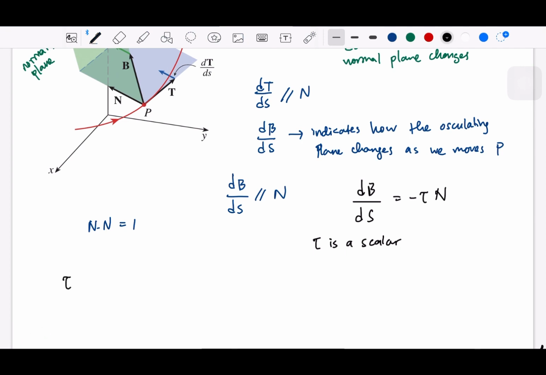Then tau, which is what we call the torsion, is the negative dB/ds dot N. But it's still a little bit not easy to compute because of dB/ds. So we can exchange dB/ds with the chain rule.